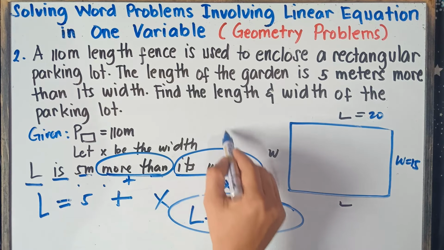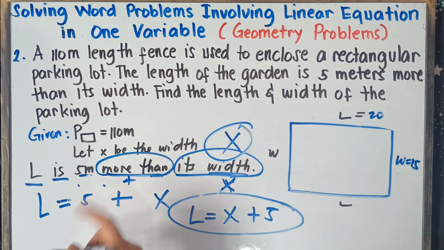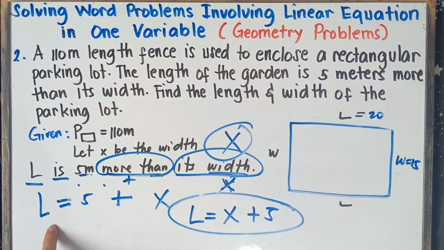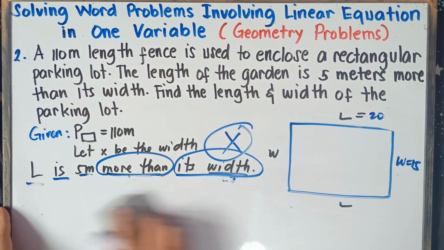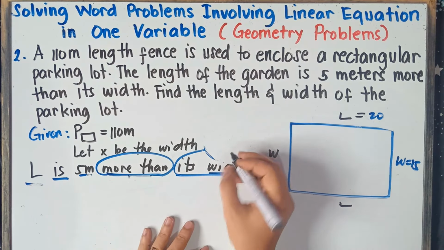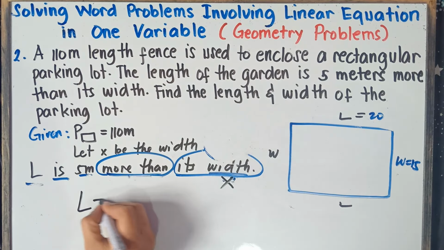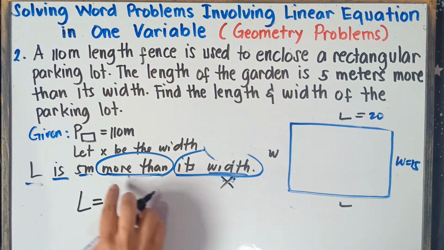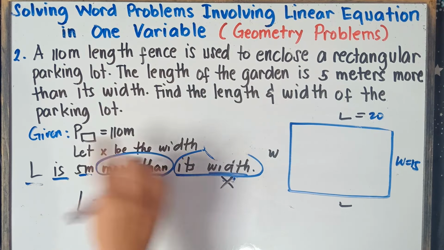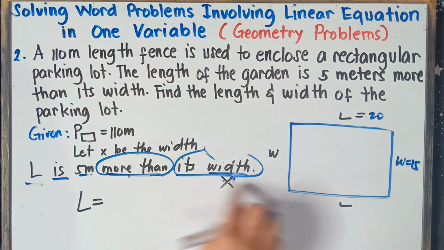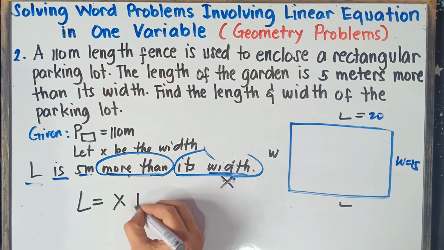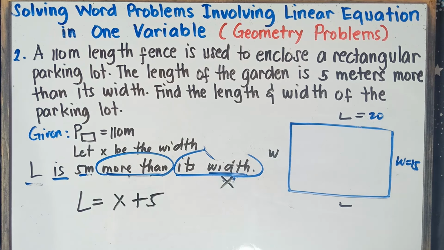That's why we let x be the width. So let x be the width, and then the length is, so let's write this once again. Let x be the width. So this is x. Now the length is equal sign. You have this word "more than," so you should do it in reverse. Its width comes first, so x comes first, copy the plus sign, and then copy 5. So length is equal to x plus 5.